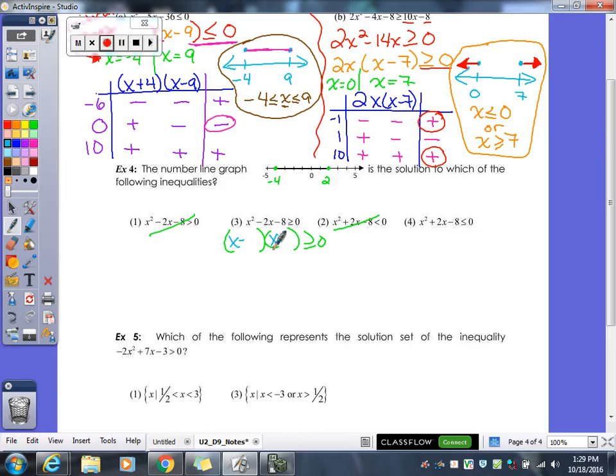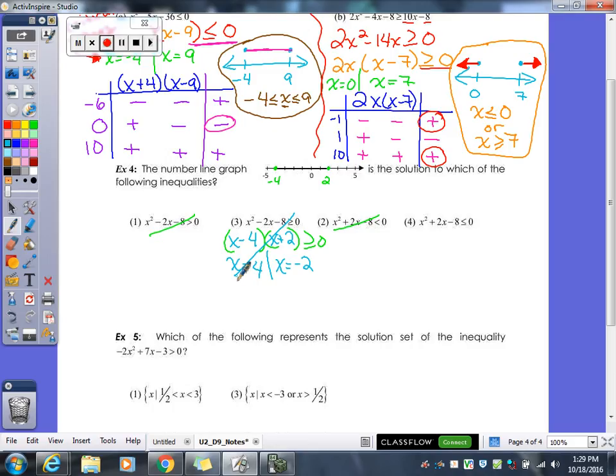We'd have x minus, x plus, minus 4, plus 2. So I would get x equals positive 4 and x equals negative 2. Are those the same numbers? No. So that means it's probably choice 4, but what should we always do?